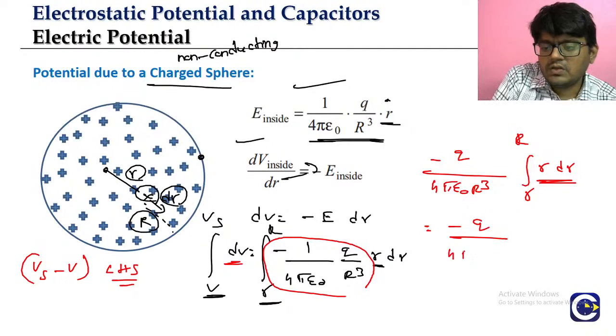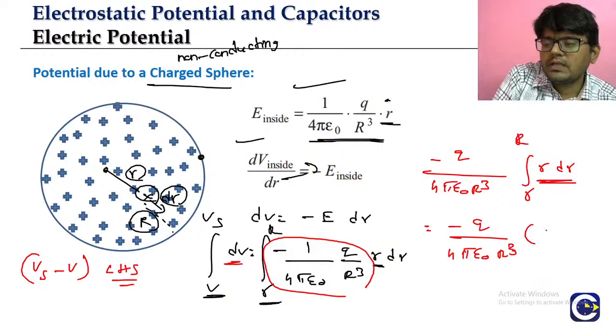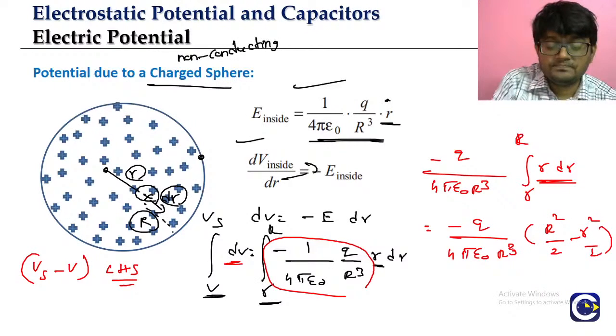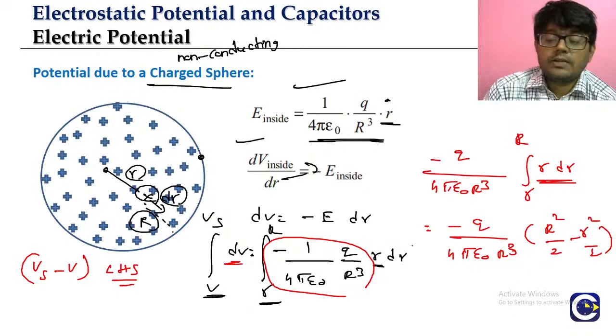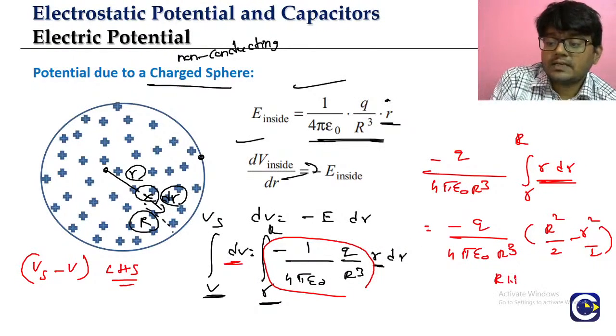So we get capital R square by 2 minus small r square by 2. This is our RHS part.